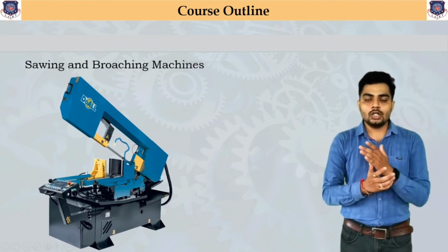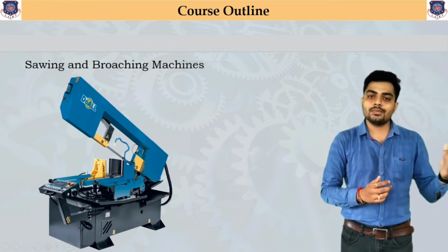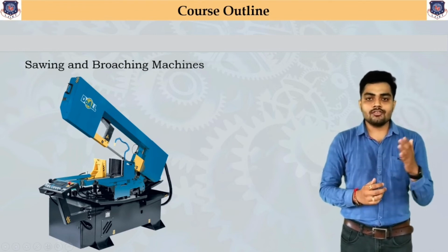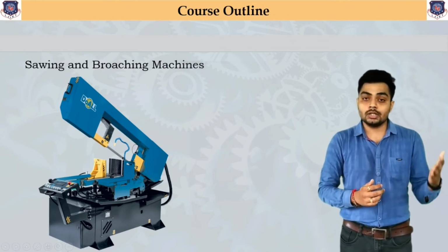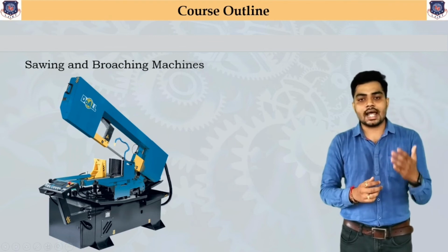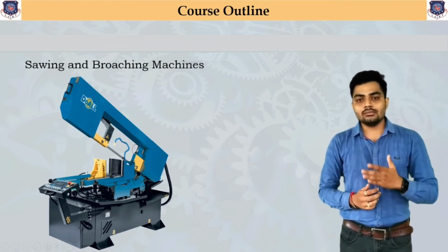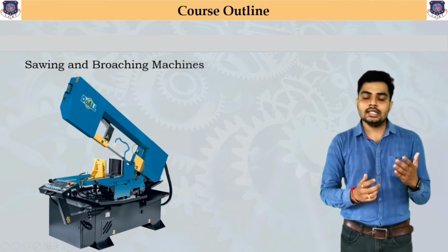Suppose we have a longer workpiece and we want to cut it into smaller pieces, at that time this sawing machine is helpful. There are also different varieties of sawing machines available. Some may be portable, and some larger machines are also available based on the size of the workpiece. These sawing and broaching machines are helpful to produce the required geometry on the workpiece.